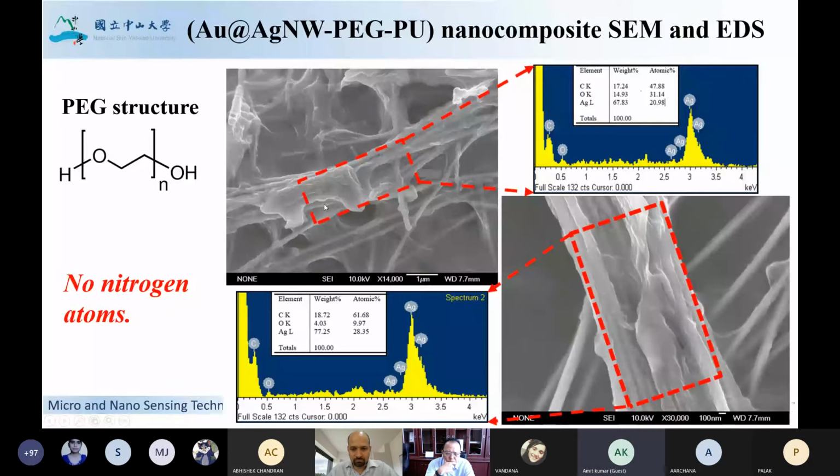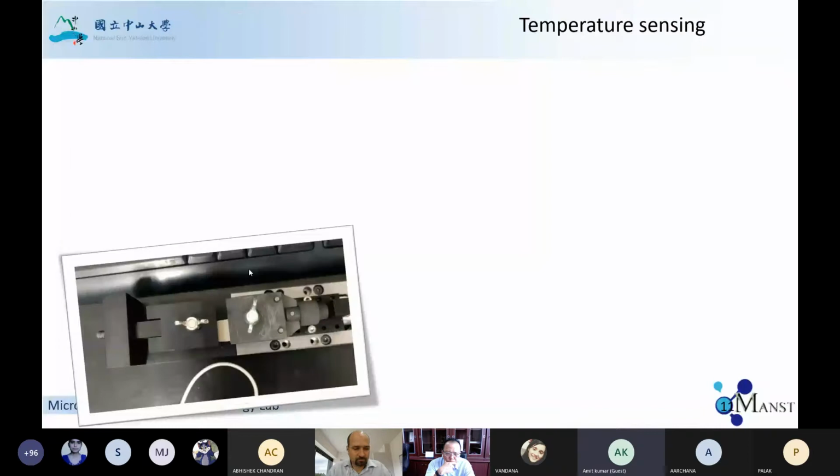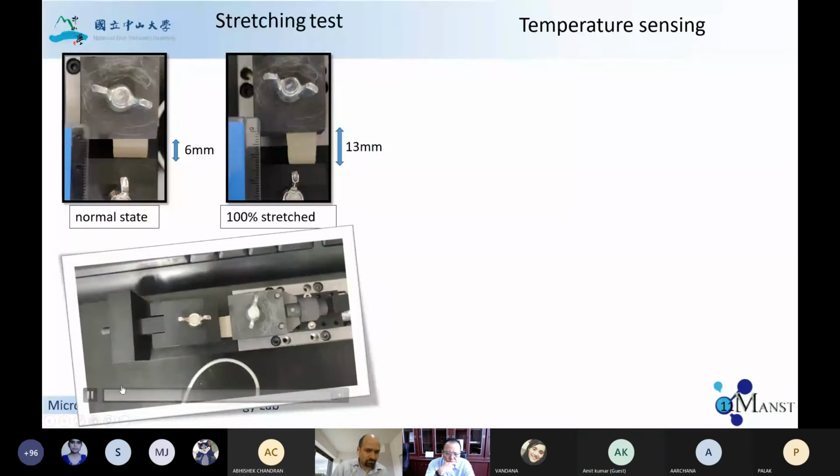And after that, I do EDS on a big area, and I found that N atoms were available. N atoms here show the presence of PU, which is the structural polymer in my nanocomposite, and the PEG shows the change in temperature. After that, I made the sensor, and you can see in this video the sensor was stretchable.